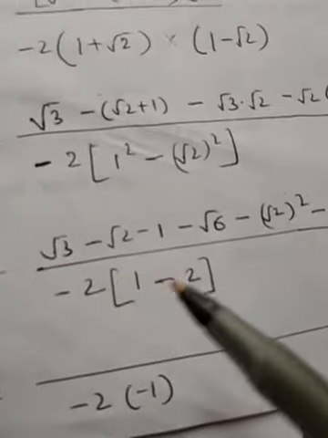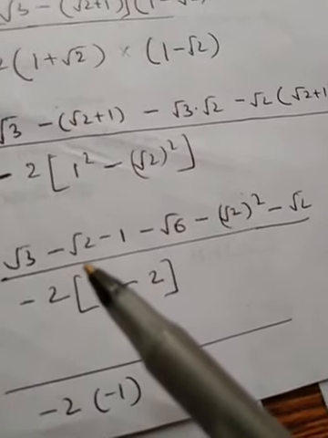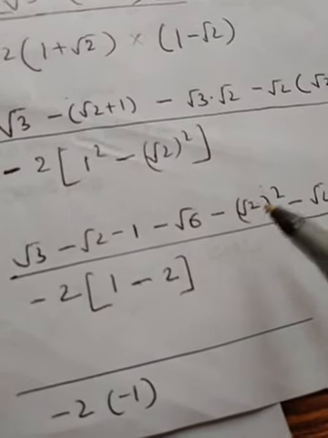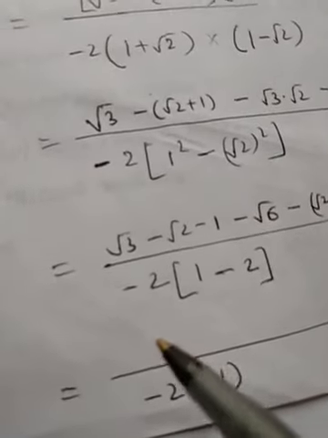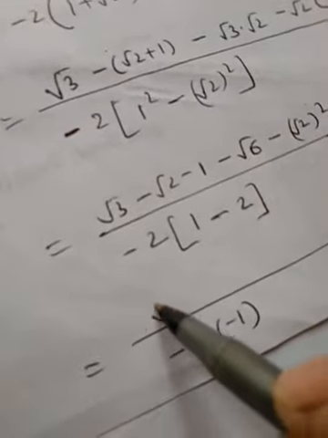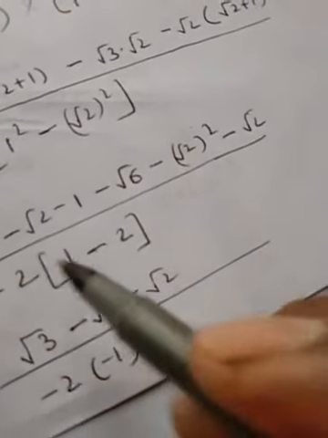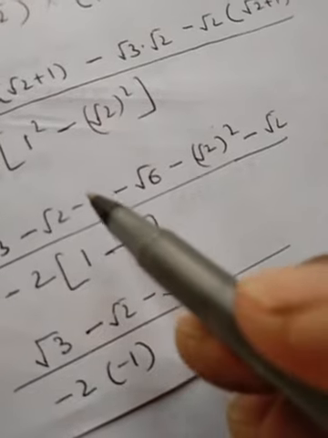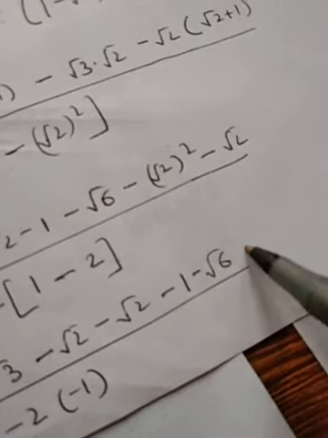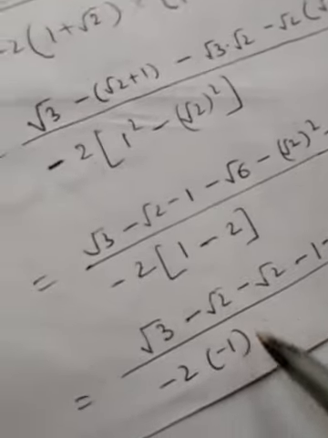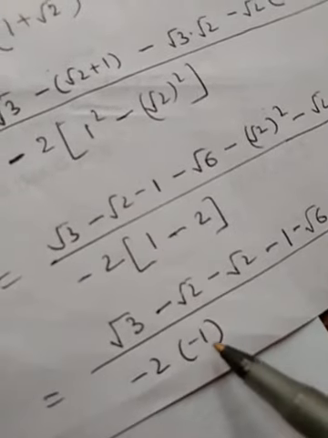Then next we can find like terms, this minus root 2 and minus root 2 are like terms, and this root 2 square will become 2, so you can write that root 3 minus root 2 minus root 2, these we have written together, then minus 1 minus root 6, and minus this root 2 square will become 2, and below we have minus 2 into minus 1, so this will become 2.